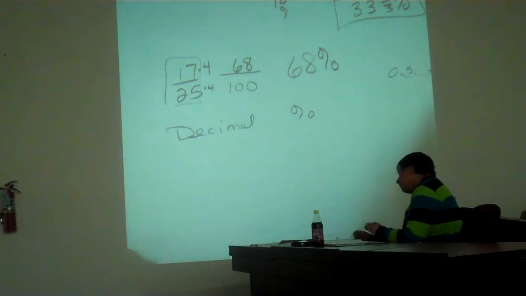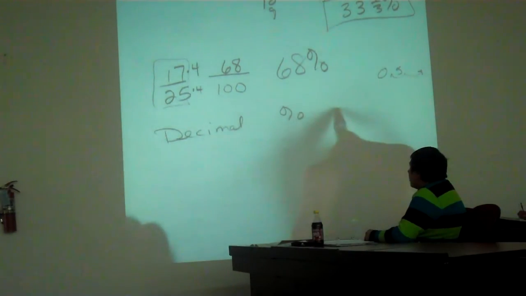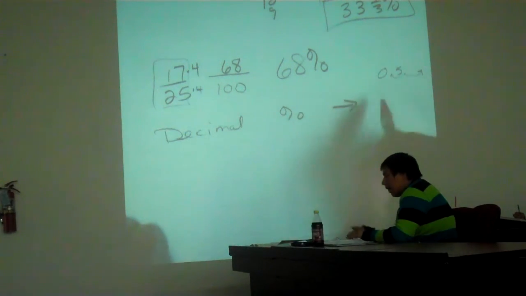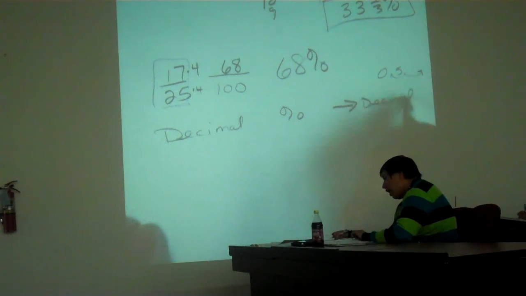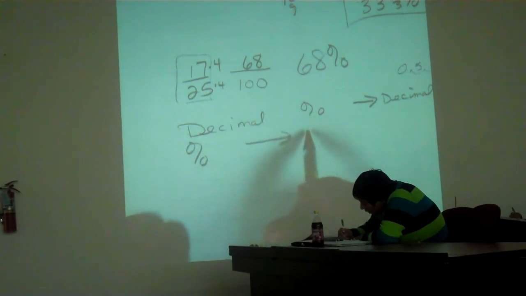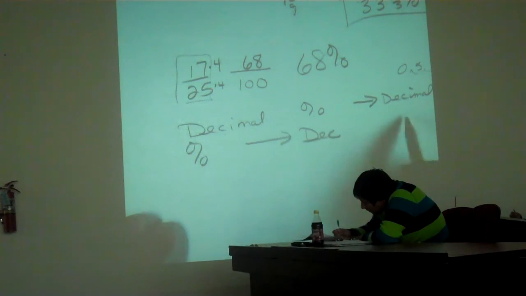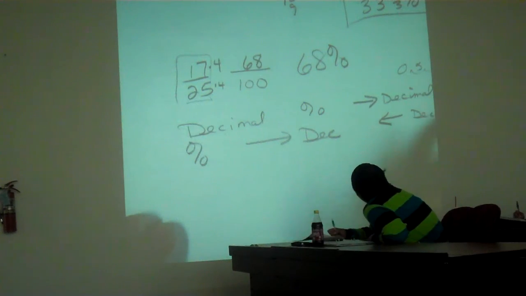Move it to the right. The decimal will go to the right 2 times, right? So percent to decimal will be the other way. You're going to move your decimal 2 times to the left.